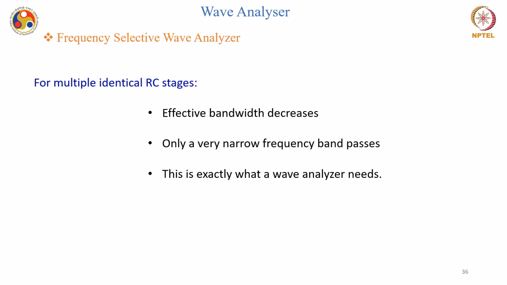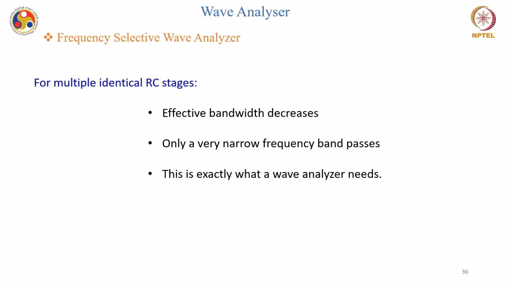Now, you are not using a single RC filter, you are using a cascaded RC filter, because one RC band pass cannot provide the required quality factor, and usually a single stage will have low Q only. Therefore a series connection of these RC stages is required. When you have multiple identical RC stages, your bandwidth decreases and a very narrow frequency band actually passes.